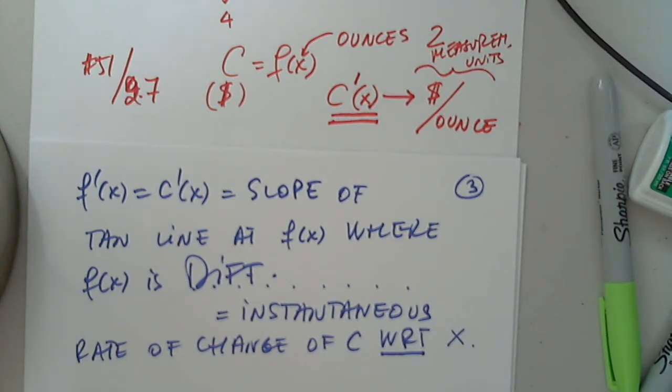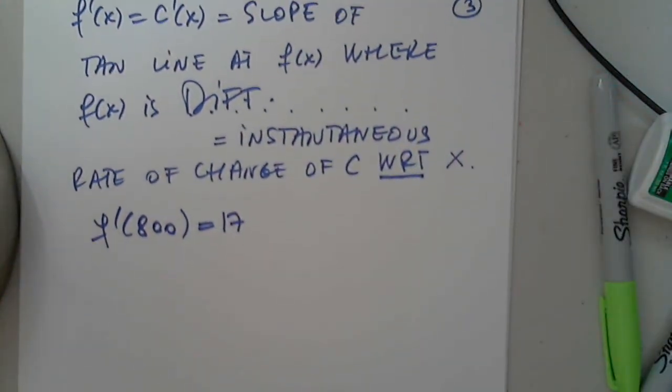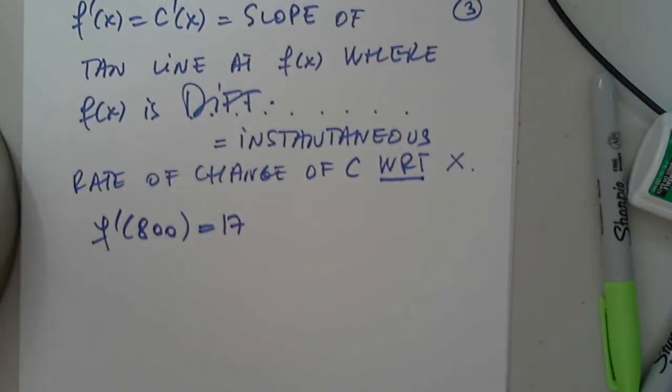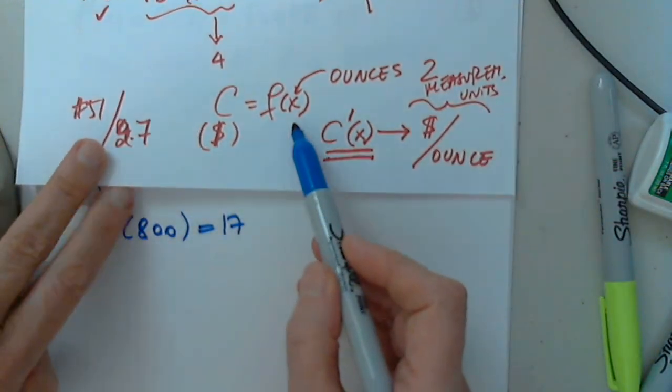Good. What does the statement f prime of 800 equals 17 mean? F prime of 800 equals 17. What does this mean? Can anyone say anything? Would it be $800 for 17 ounces? Careful. Careful. What did we say x was?